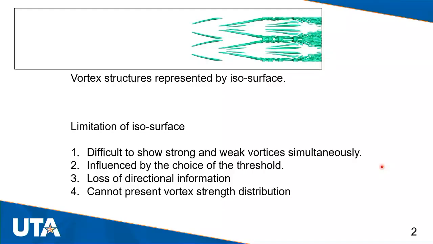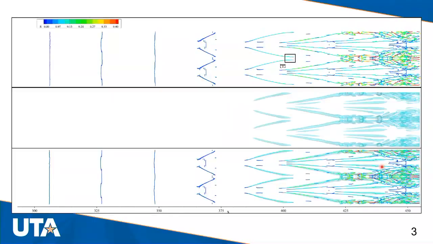But for the later stage, if you look at the ring, is the vortex strength stronger at the ring or at the neck? That's what we cannot know from the isosurface. And I directly give you a comparison between the vortex code-lines and the isosurface.